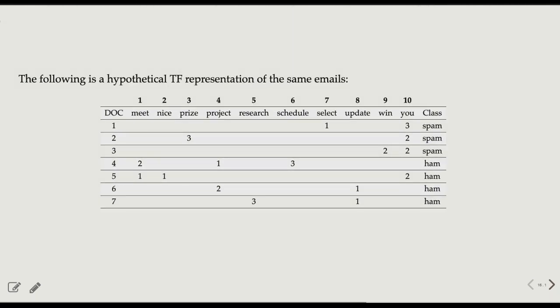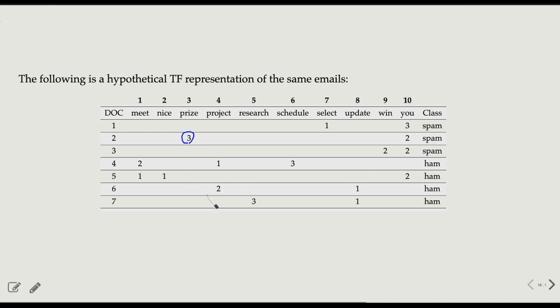Okay, so let's suppose now we not only consider the subject line of an email, but also the actual content of an email. And of course, just for the sake of demonstration here, we want to look at small numbers. So suppose, for example, in the second document, when we count the number of times each term appears, we're going to see that, oh, price appears 3 times in the content of this spam email.